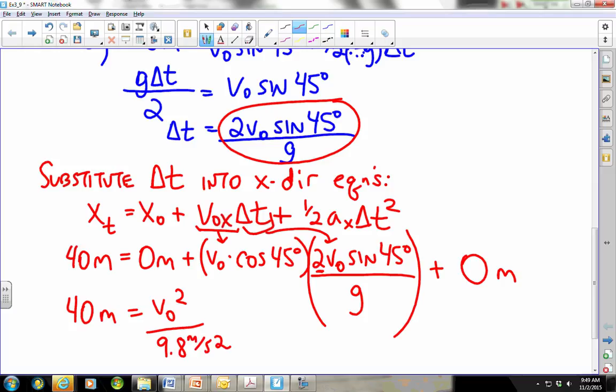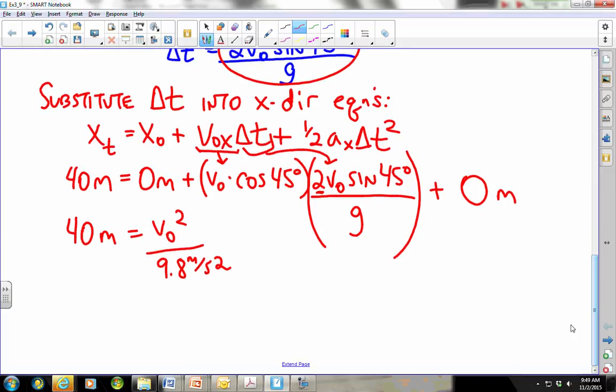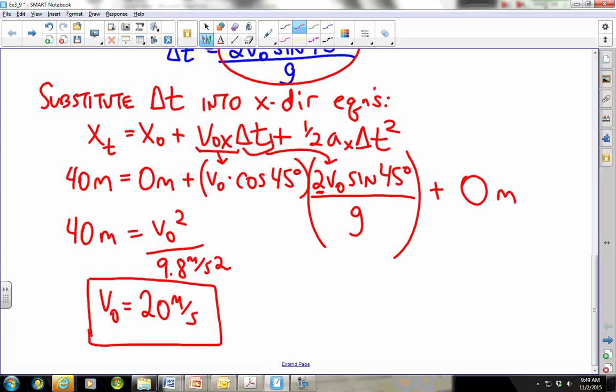Then solving for v sub 0, I end up getting about 20 meters per second, which is reasonable. I mean, it's a powerful cannon, I guess. Okay, we're done.